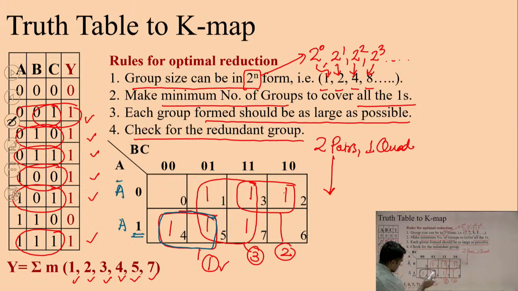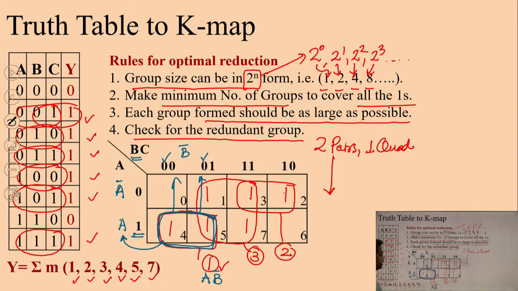So for this 4 and 5 group, there is A common to both of them. Then I go to the 2 columns involved in this group, and I see that 0 is common. 0 corresponds to B, that means it will be B bar. So A from the row side and B bar from the column side. So the answer from this group is A B bar.